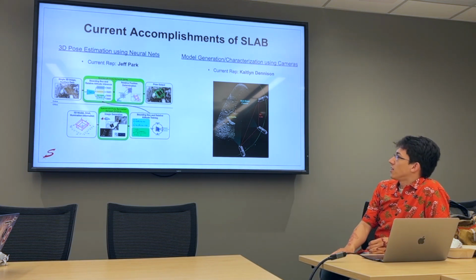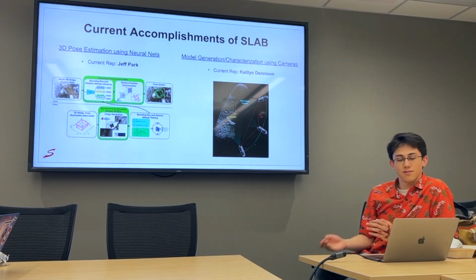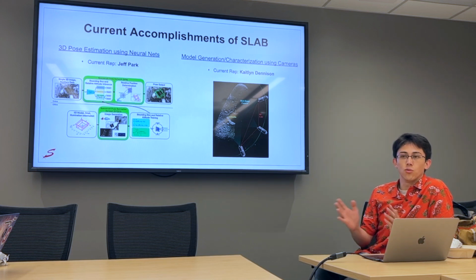And on the left, the lab was able to get 3D pose estimation of a known satellite target. We already knew what the wireframe of it looks like and what it generally looks like.